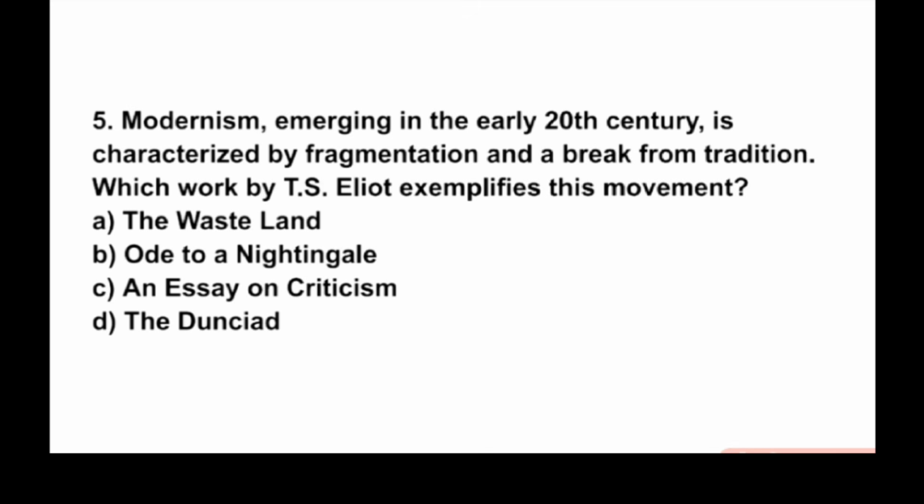Option A, The Waste Land. Eliot's The Waste Land, 1922, uses fragmented structure, allusions, and disillusionment to reflect the modernist themes of alienation and cultural decay.